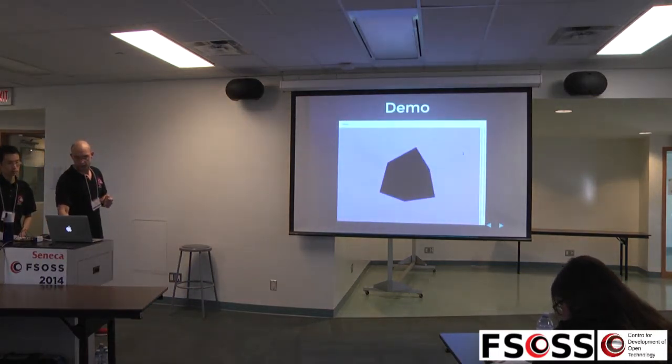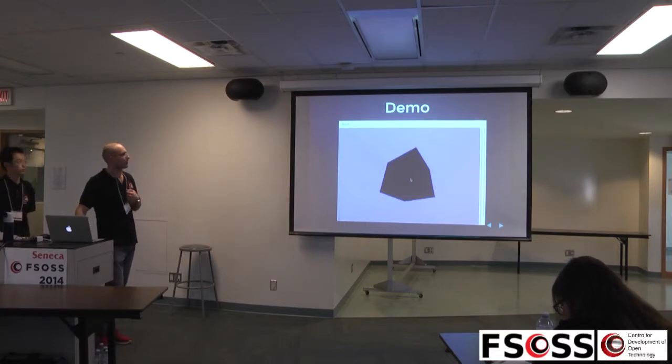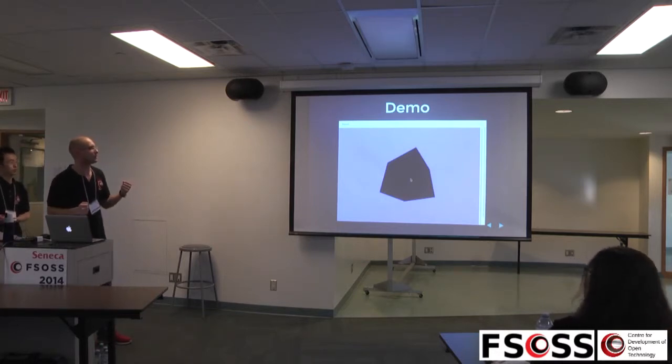And here I'd like to show you just a simple demo. Here you can see there are two types of light. This light is global, so basically it highlights the entire scene. You can't really see the edges of the cube.